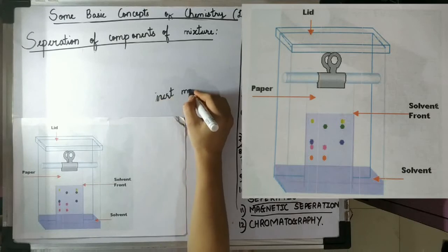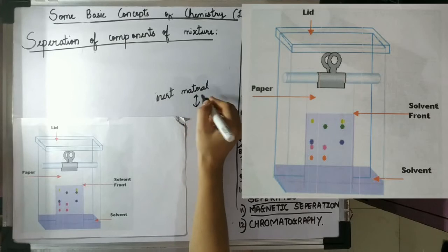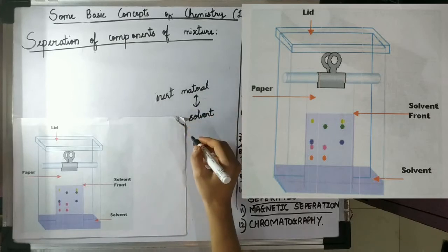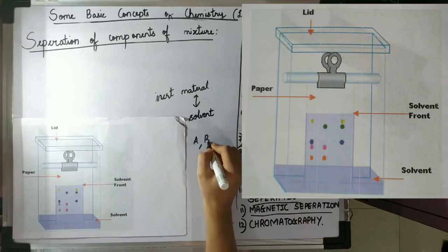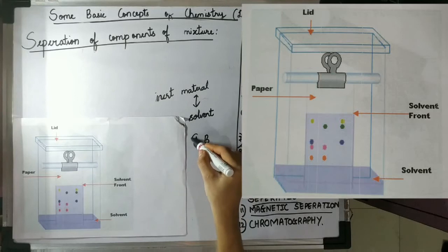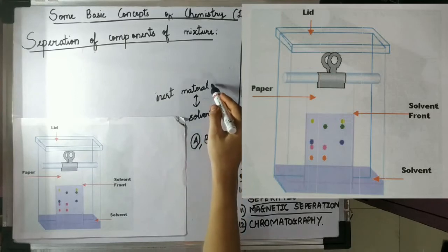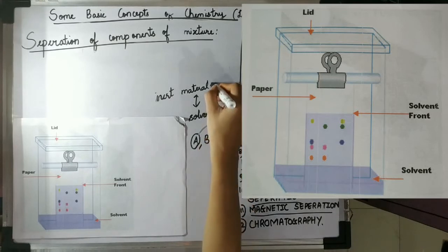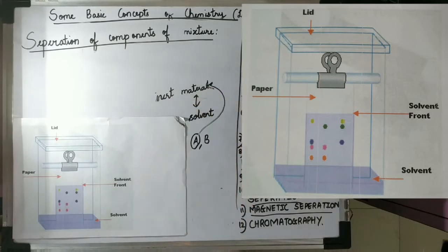Now let's say there are 2 substances A and B. Let's say A has more affinity for the inert material than the solvent. What will happen? A will remain with the inert material, in the sense adsorbed on the inert material as soon as it reaches it, and it will not flow with the solvent.